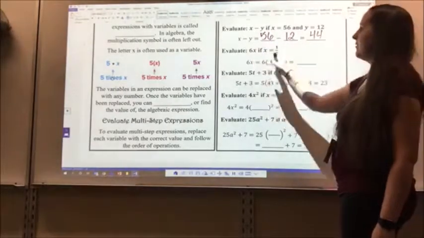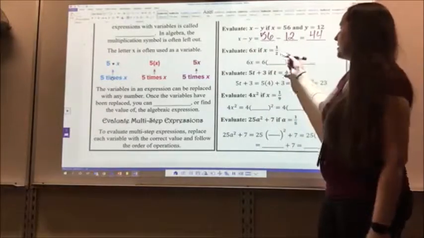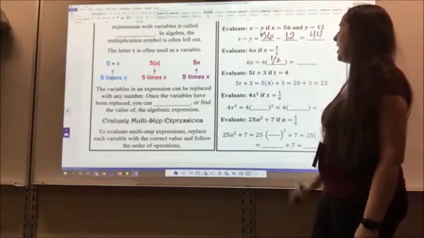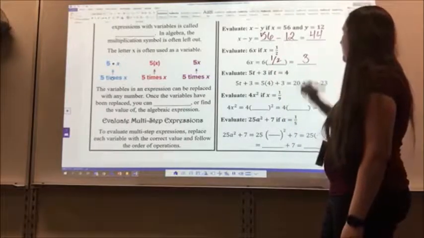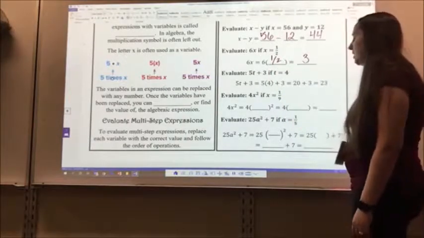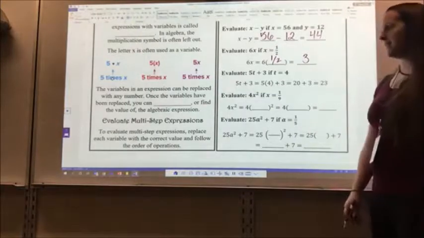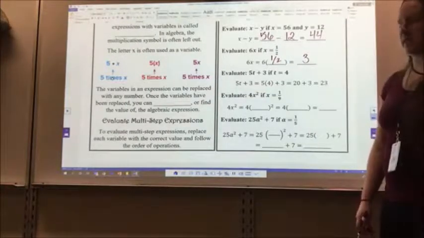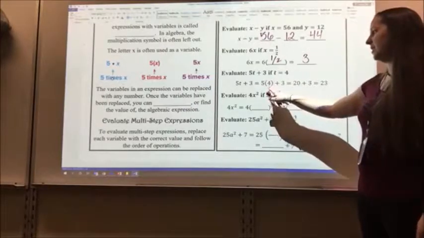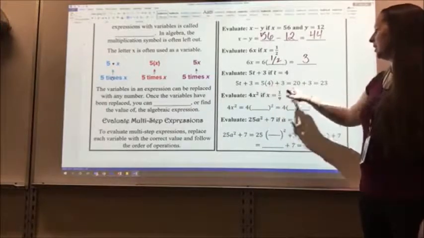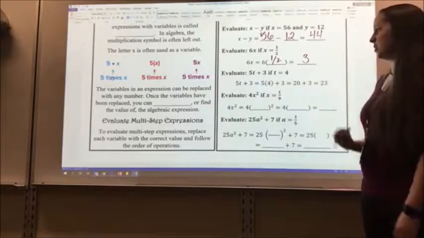Evaluate 6x if x equals 1/2. Again I substitute in 1/2 for x, and then 6 times 1/2 equals 3. Next I can evaluate 5t plus 3 if t equals 4. Again I substitute in my value for t. 5 times 4, which is 20, plus 3 is 23.